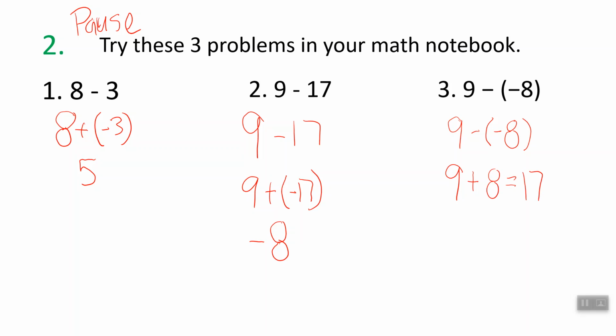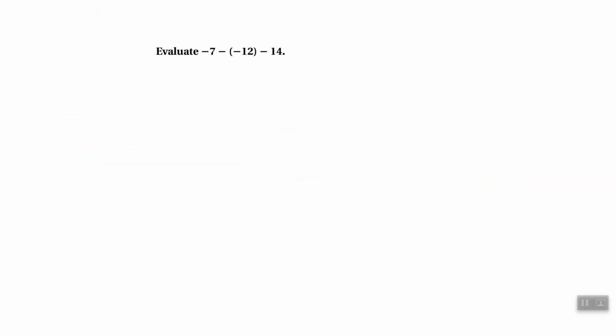All right, hopefully you got the same answers I got there. Okay, let's evaluate negative 7 minus a negative 12 minus 14. Okay, so now this one's a little bit more tricky because it has three different subtraction problems in one.